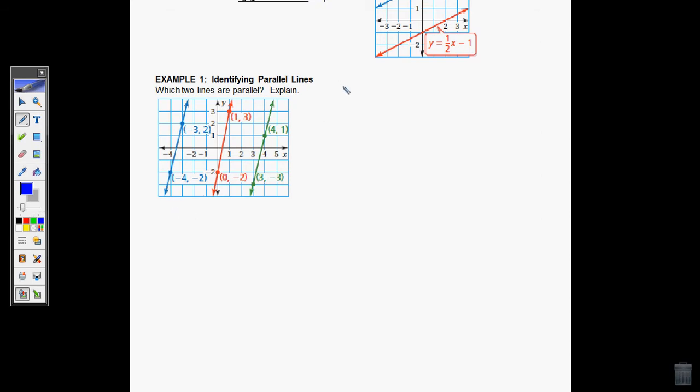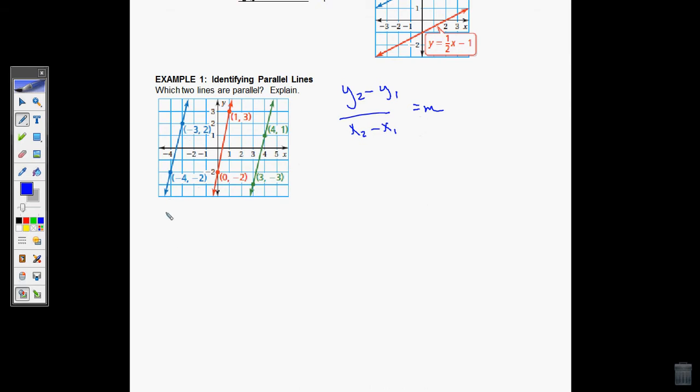I'm going to stick with my y2 minus y1 over x2 minus x1, a little formula there to get the slopes. So let's check it out. I'm going to say that this is my 1's, these are my 2's.